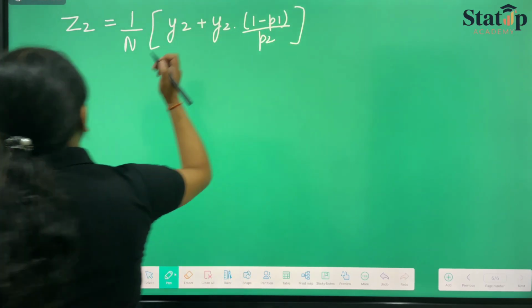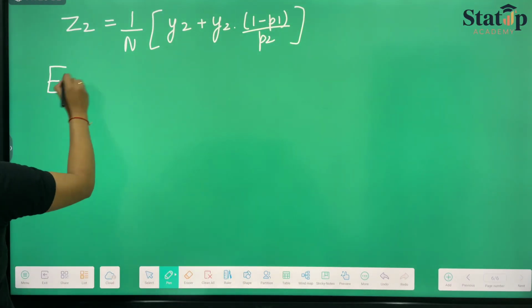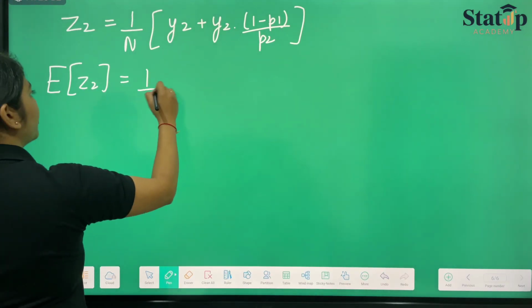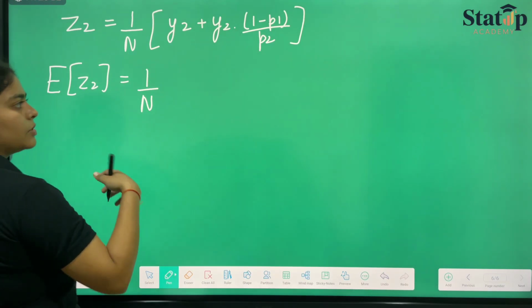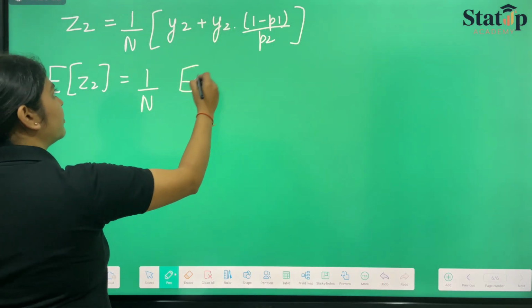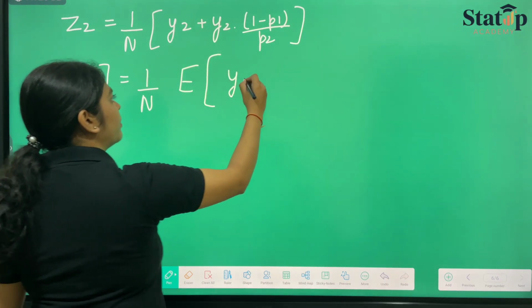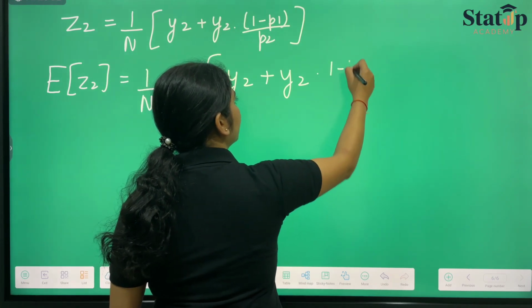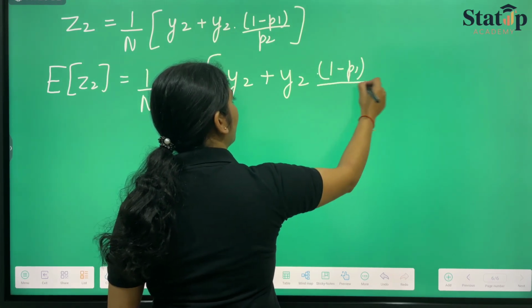So the estimation of z2 is given by 1 upon n, which comes out because it is constant, and we are left with estimation of y2 plus y2 into 1 minus p1 upon p2.